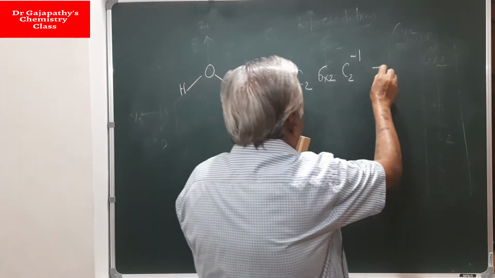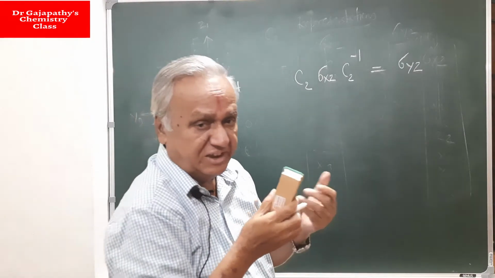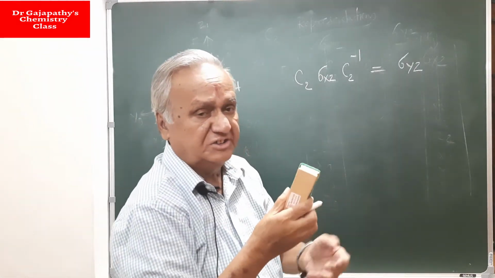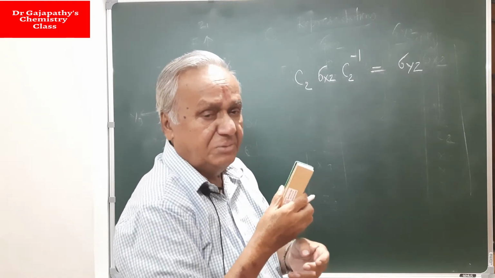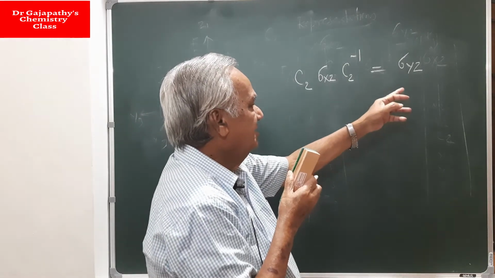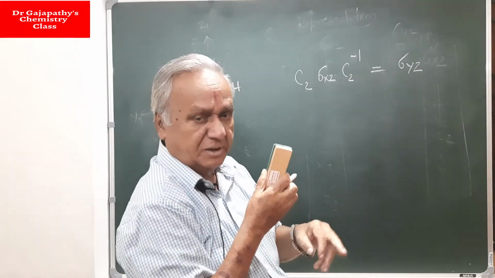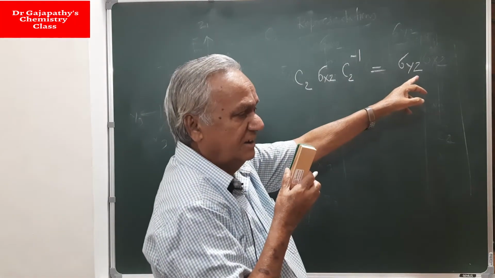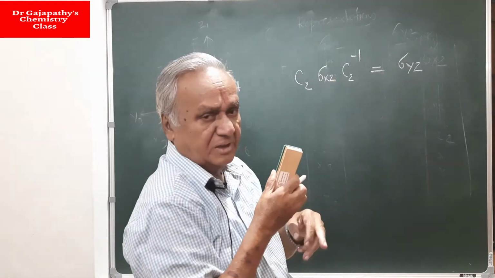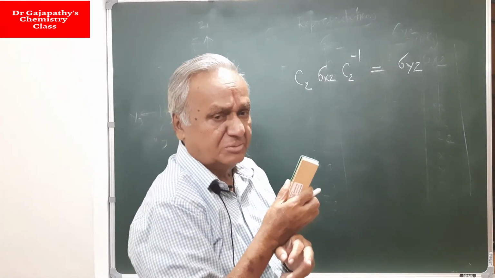If your result is sigma yz, then we say sigma xz and sigma yz are conjugate to each other. They belong to the same class. Sigma yz is the similarity transformation of sigma xz by C2.